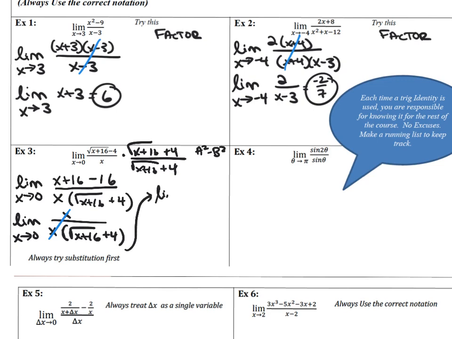Again, making sure we keep our notation, it's the limit as x approaches 0 of 1 over the square root of x plus 16 plus 4. Now, when we substitute 0, we no longer have an indeterminate form, and so our limit as x approaches 0 of this function is going to equal 1/8.